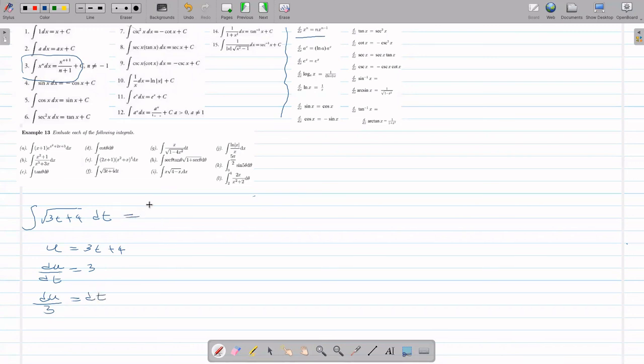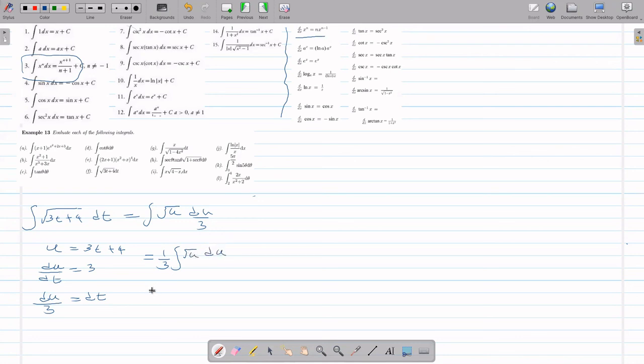So here I do square root u, dt is du over 3, no? So this one now doesn't cancel out, but it's a constant, so I can pull it out. In this situation, I cannot cancel out the 3, but I can pull it out.